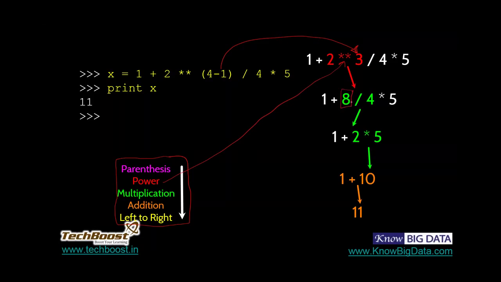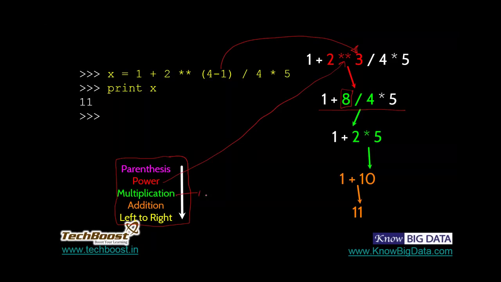We got 8, and our expression has come down to this sub-expression. What comes next? Multiplication and division.